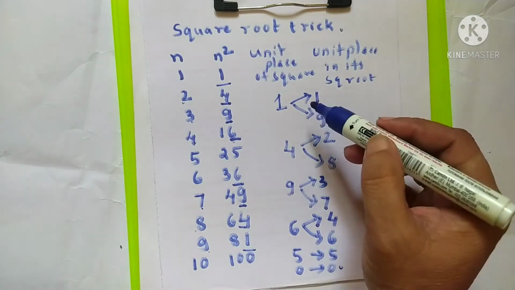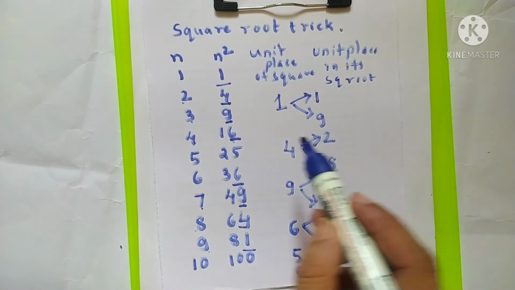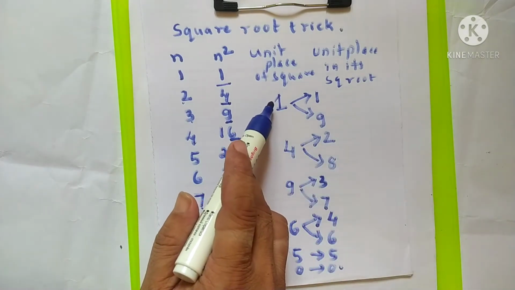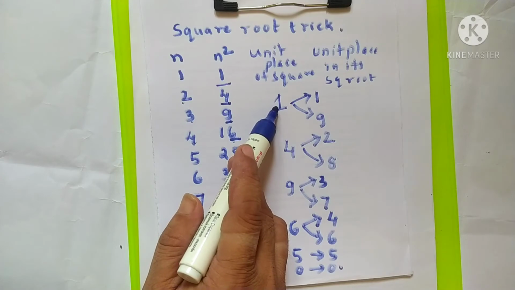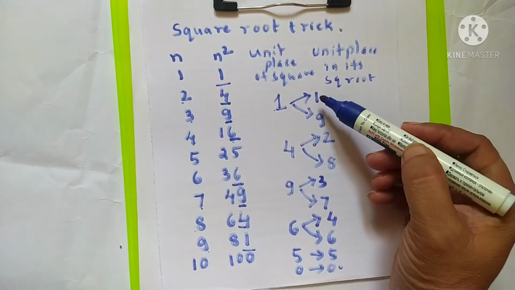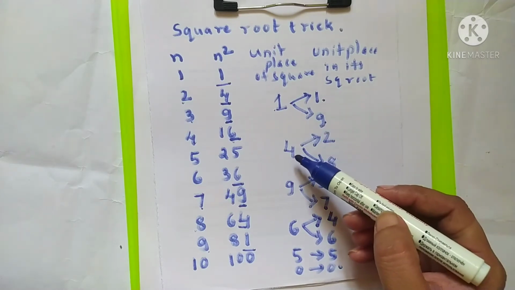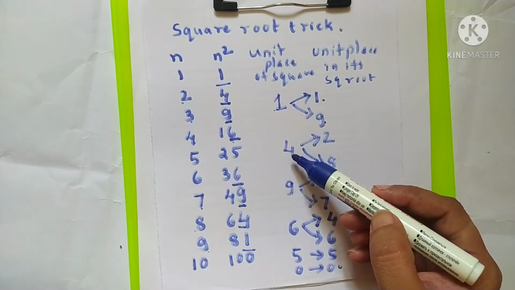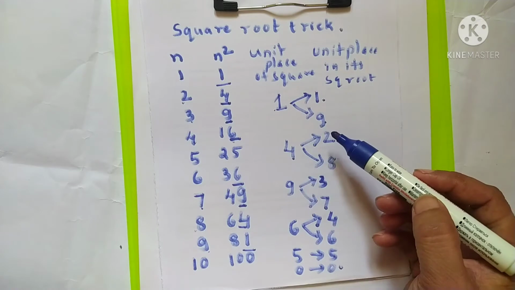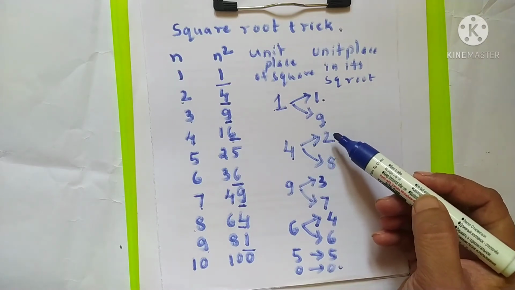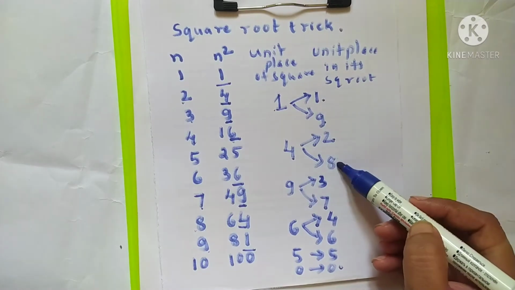Remember these points very well. That is, if 1 is in the units place of a square number, then the units place of the square root may be 1 or 9. If 4 is in the units place of a square number, then the units place of the square root is either 2 or 8.